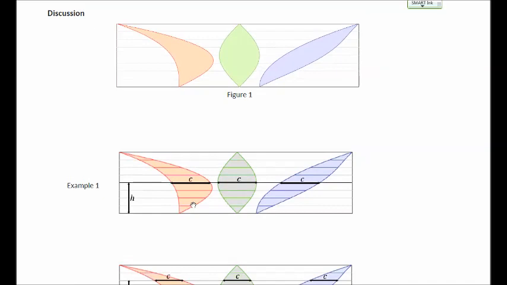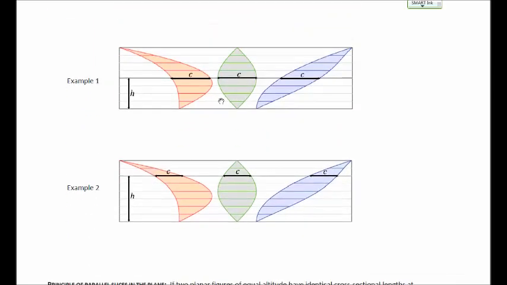We'll next look at figure 1, which has three different figures, three different designs, a red, green, and blue. If you look at this height of H, we have three different lengths here, which look to be very similar. In fact, if I had a ruler, I'd measure them, and I'm pretty sure they would be the exact same.